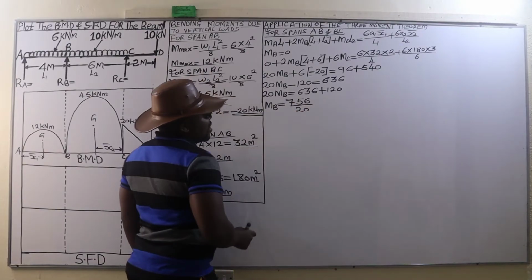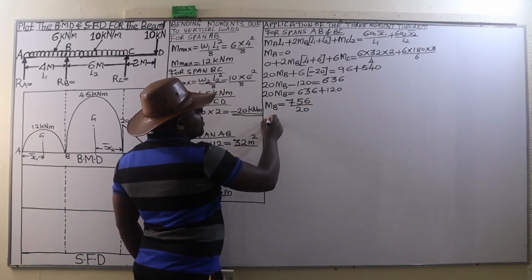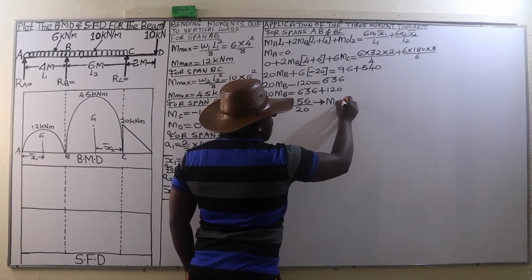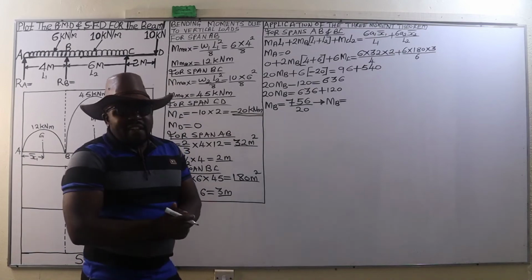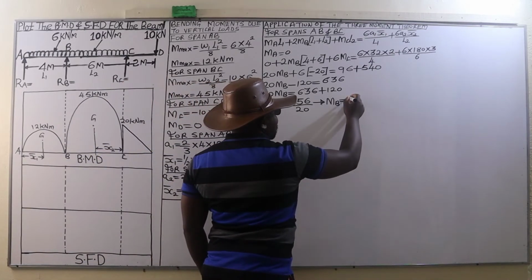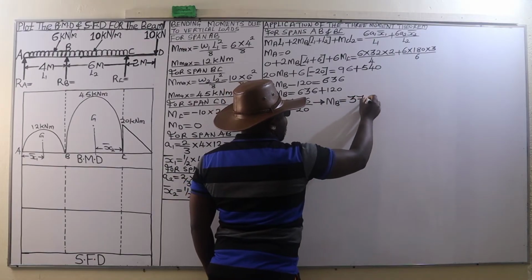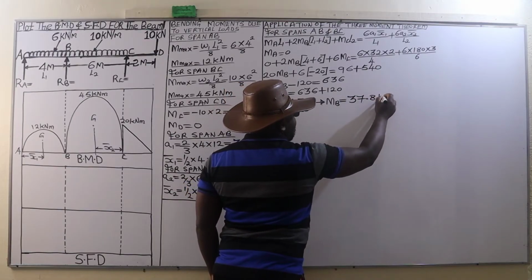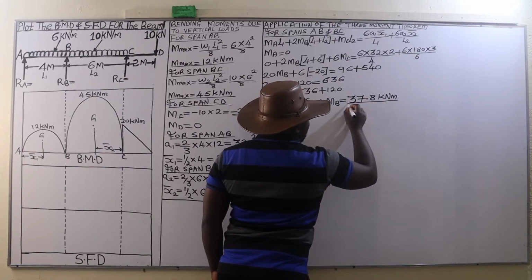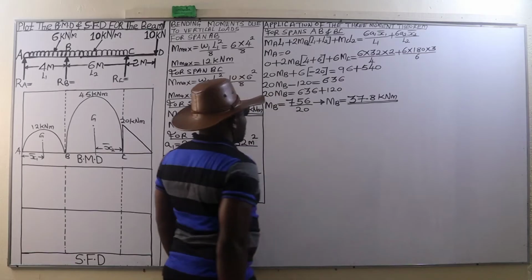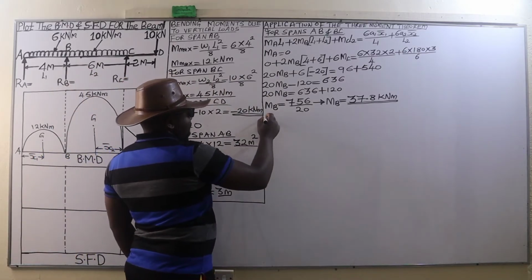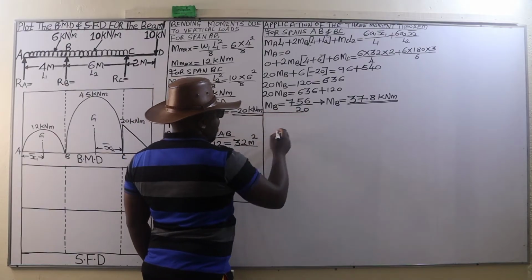We divide that by 20, and that is going to give us a bending moment at B of 37.8 kilonewton meter. Therefore, ladies and gentlemen, that is the bending moment at B. And I think we now have all the bending moment values. We can highlight them down here.